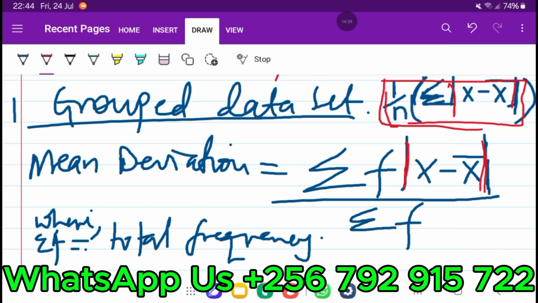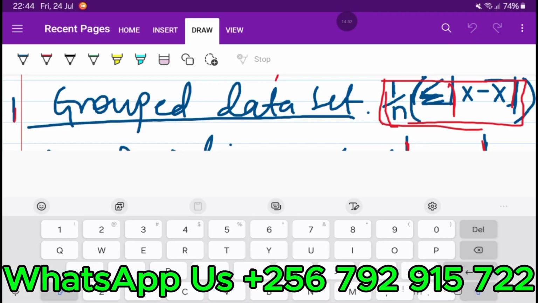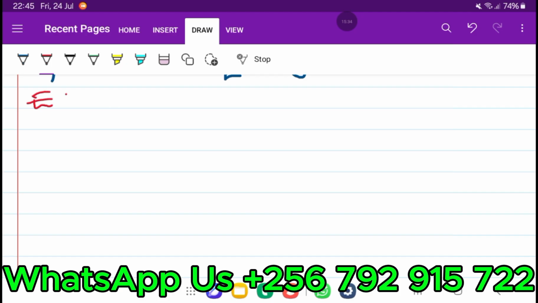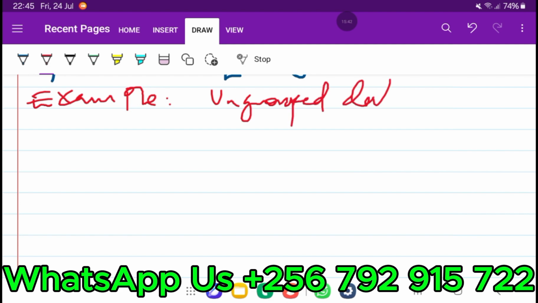So I want us to look at a simulation. Let's get a small number and do some small computation. Let's look at an example. We first look at the ungrouped data.